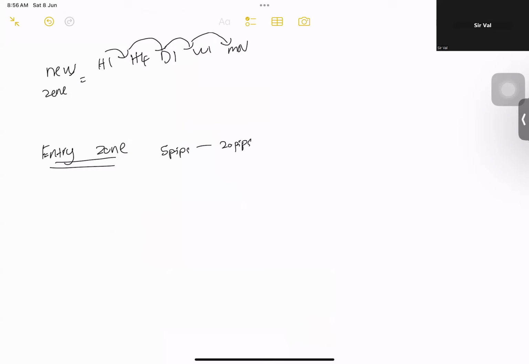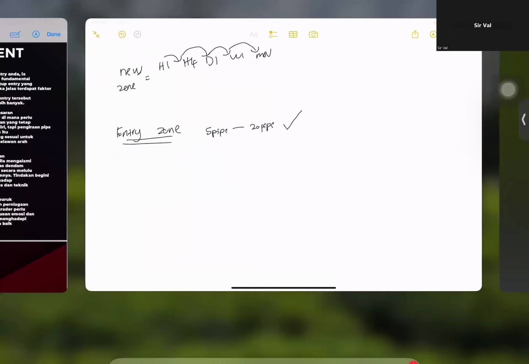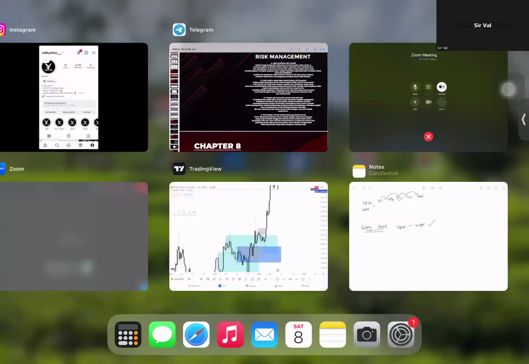More than this, I will just let it run. If the price zone is very big, I just ignore it. It's okay if I don't have an entry, because then I will not risk any money. So I will wait for a clear setup and a smaller entry zone only.